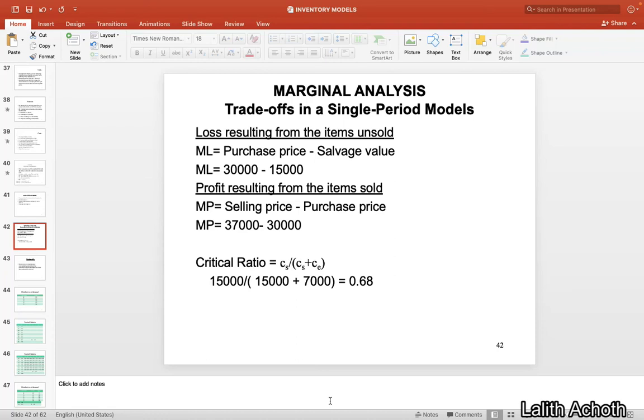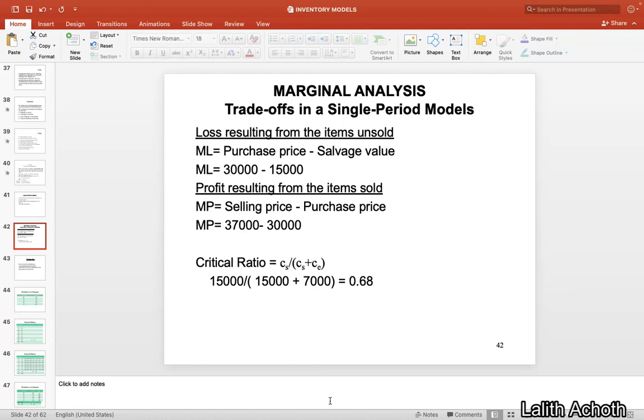Now we know that the selling price is 37,000, the purchase price is 30,000, so the marginal profit is 7,000 rupees. So if there is demand for his product, he will get 7,000 rupees for every quintal of wheat that he sells. But if he is not able to sell it on that particular date, he will have to sell it for 15,000, as a result of which he'll incur a loss of 15,000.